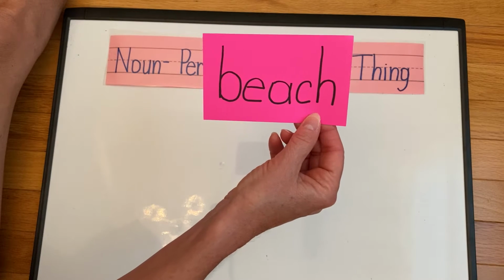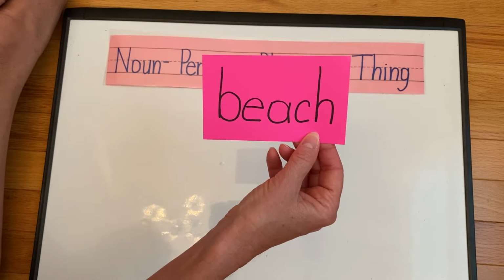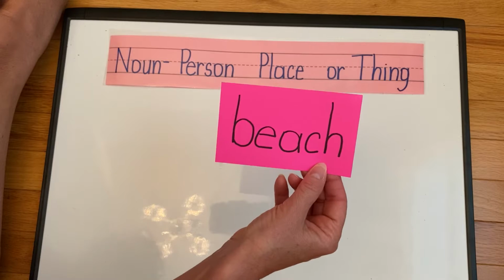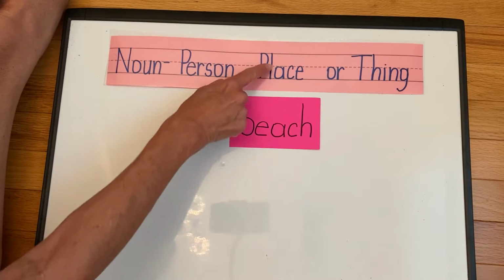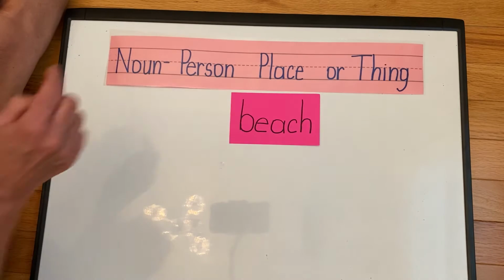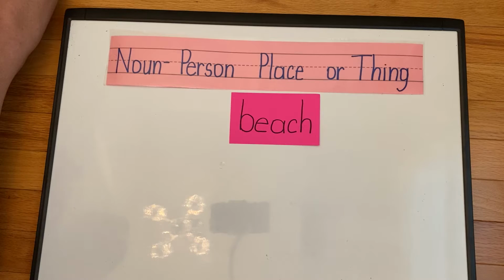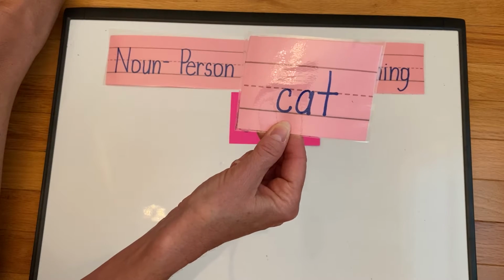Now we ask ourselves, is beach a person? No. Is it a place? Absolutely, it's a place where we can take a vacation. So we're going to place the word beach under place. What about the word cat?